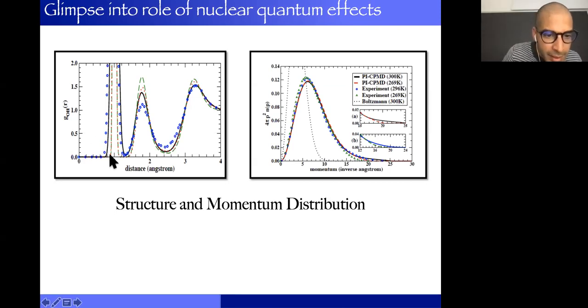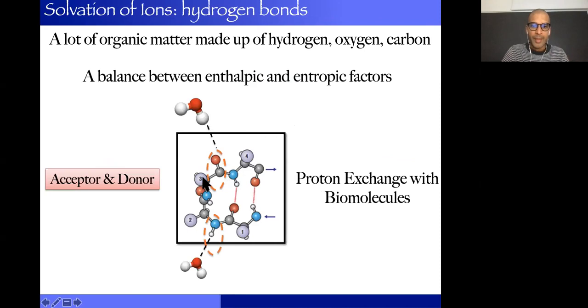You see that the dashed curve here, red or green, I'm colorblind, is sharply peaked at 1 angstrom. This corresponds to the covalent OH bond. The probability of finding a proton near this oxygen has a big peak at 1 angstrom, because that's the typical length.